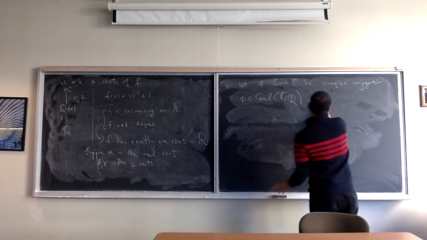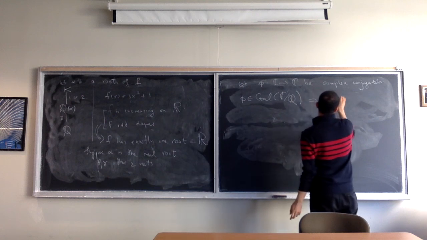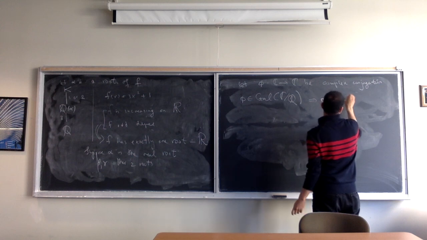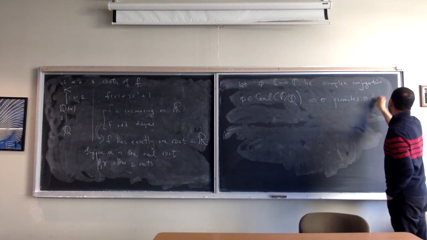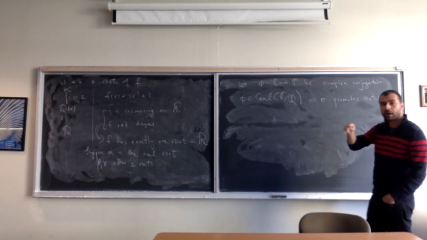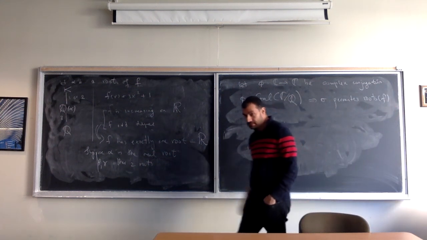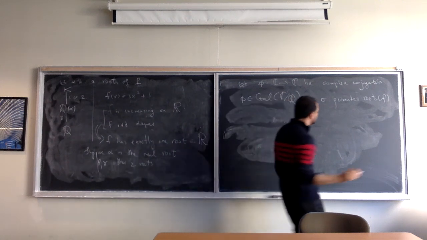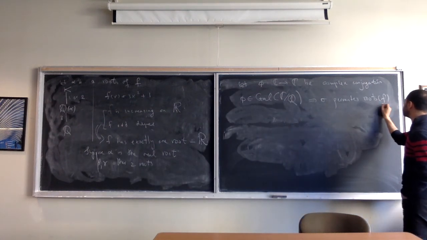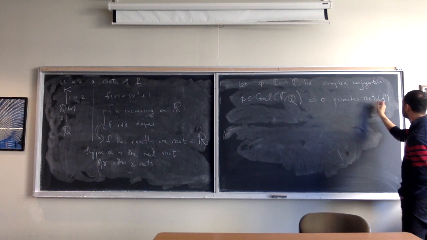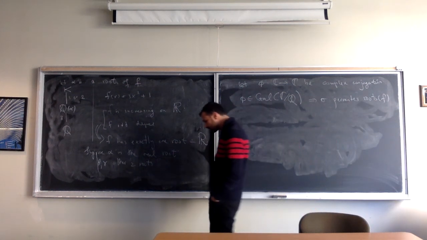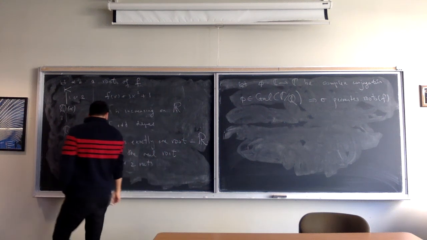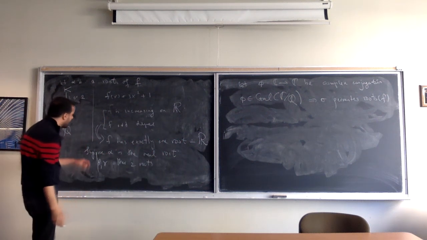So sigma permutes the roots of f, or of any polynomial with coefficients in Q. By the way, when I say roots, I mean the roots in C. So sigma permutes the roots of this polynomial.